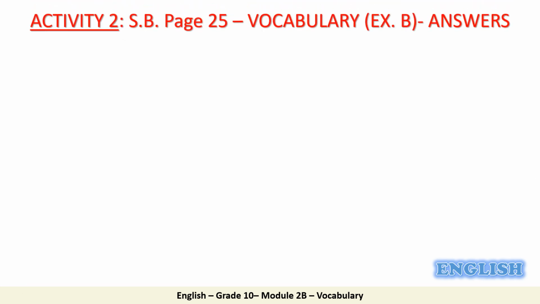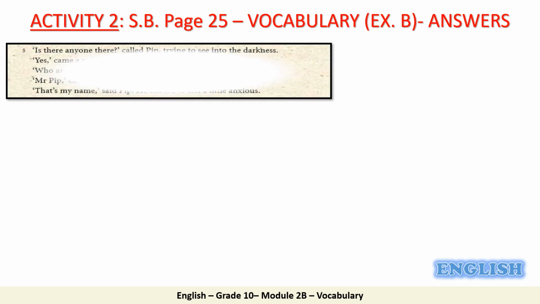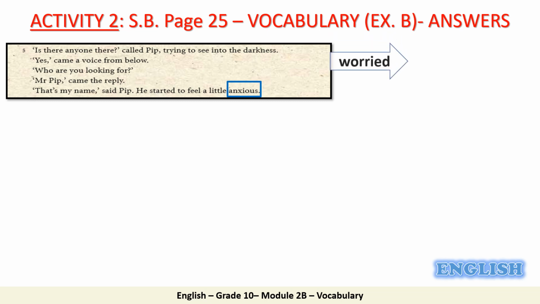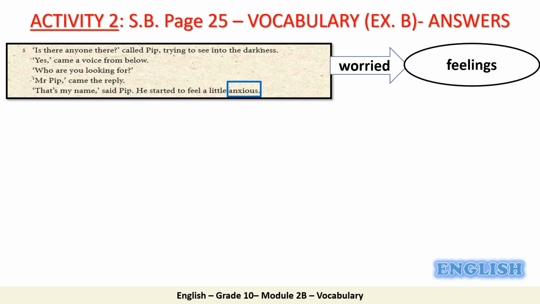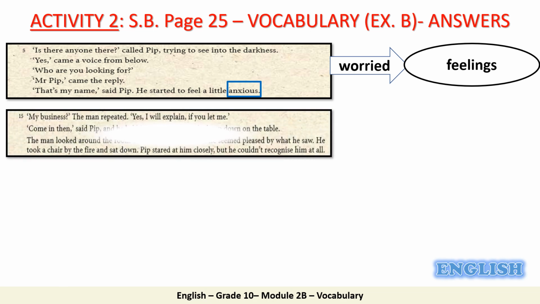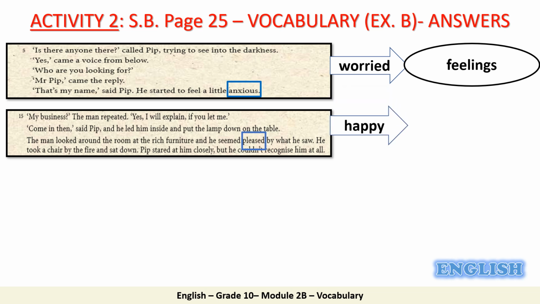Let's check the answers of exercise B, page 25, from the extract found on page 24. Line 9, we have the adjective anxious, which means worried, and it expresses the feelings of someone. Then we have in line 17 the adjective pleased, which means happy, and it expresses someone's feelings too.